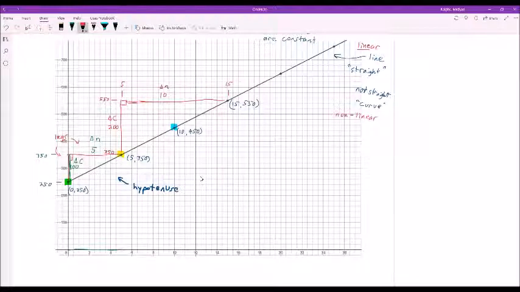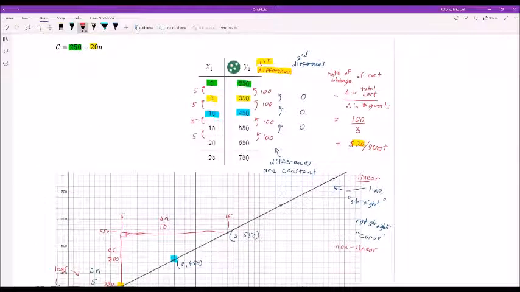Well, what happens if I take this 100 here, the change in cost, the vertical, and divide by the change in number of guests? Well, that's 100 divided by 5, which is 20, just like we had when we did the rate of change calculation from the table of values.